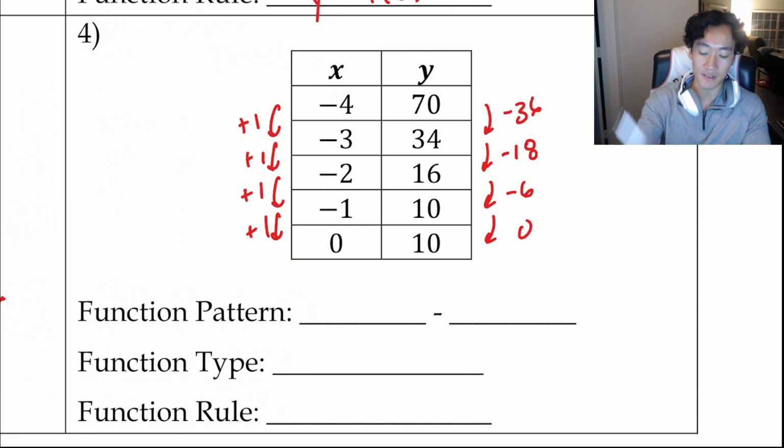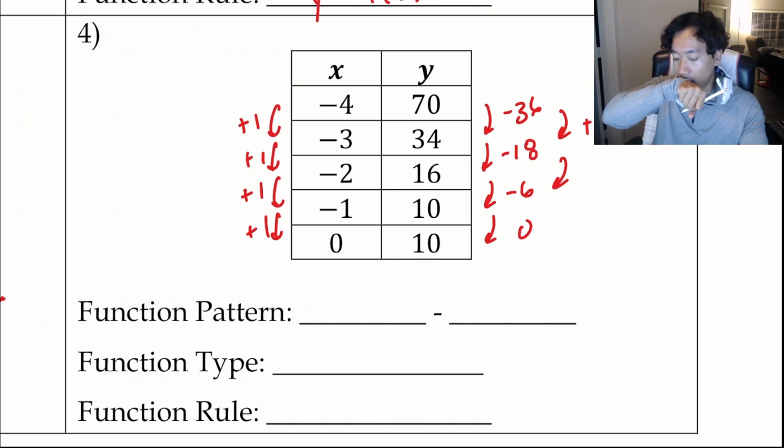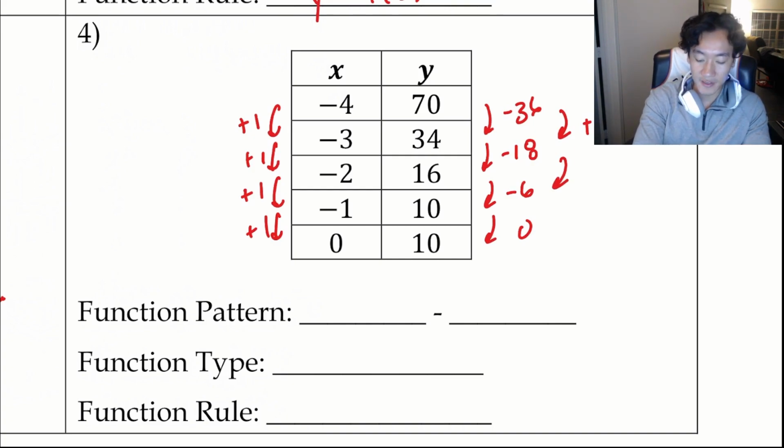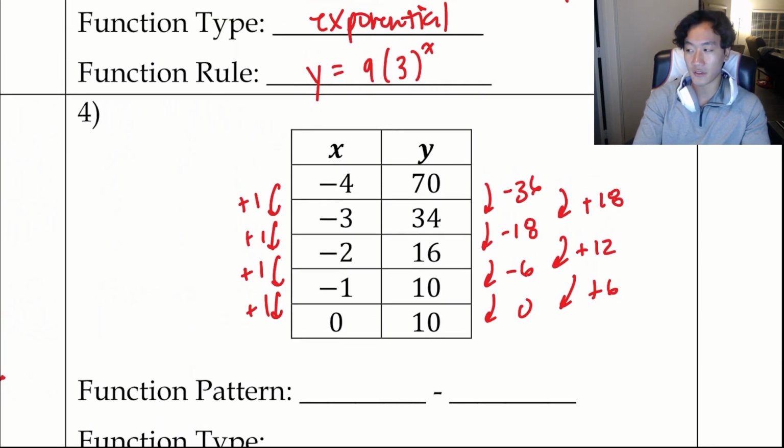And now I'm going to calculate the second difference since I don't have a pattern yet. So negative 36 to negative 18, that's a, well, plus 18. Sorry. Negative 18 to negative 6, that's adding, what is that, 12? And then the last one, I have to add 6. And so, again, still no pattern on the second difference.